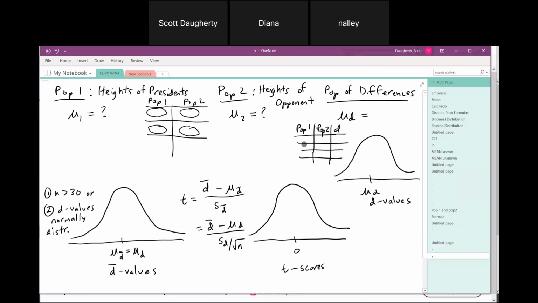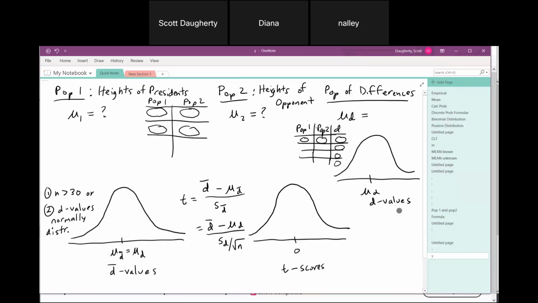In other words, go look at every single election, find out the height of the president, find out the height of their main opponent, and take the difference between those two. This number minus this number gives you the difference for that election. Do that for every election and list all the differences that you get. When you list all the differences for the entire population, that's called the population of differences.